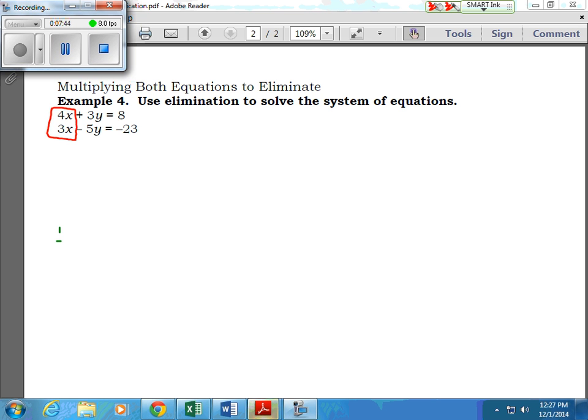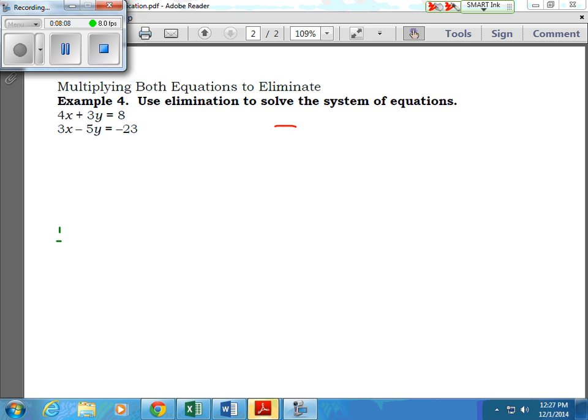In the y column, at least I have opposite signs, which gives me a little bit of a step ahead. It's going to be about the same amount of work either way. I'm going to go with trying to get the y's to cancel out.